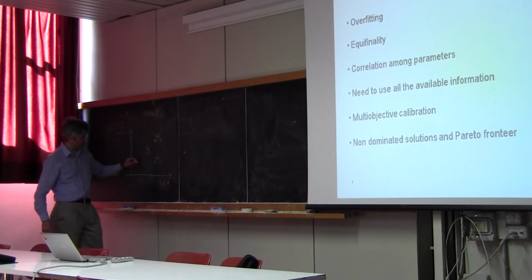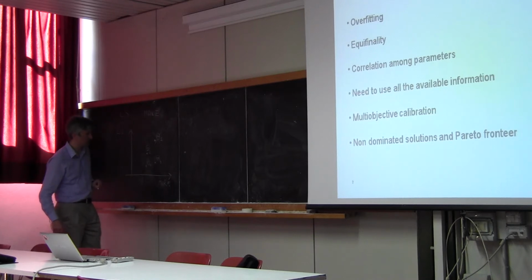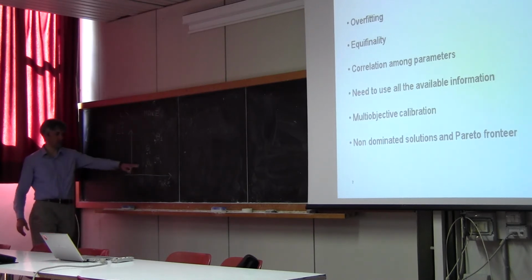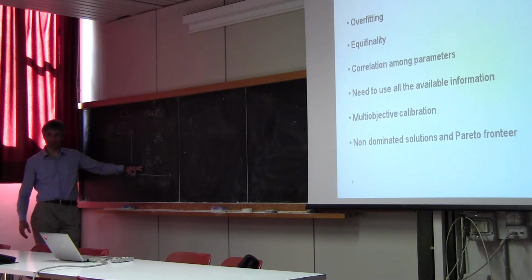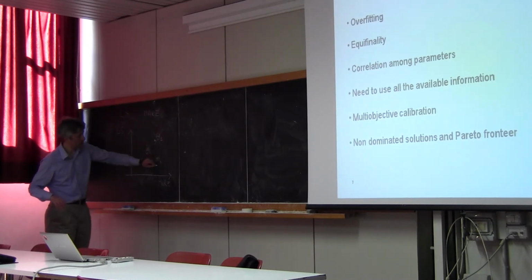Now, let's suppose that we now select by chance another parameter vector, theta 4, which is placed here. In this case, theta 4 is better than theta 2 and theta 3 for both objective functions, so we can keep just theta 4.